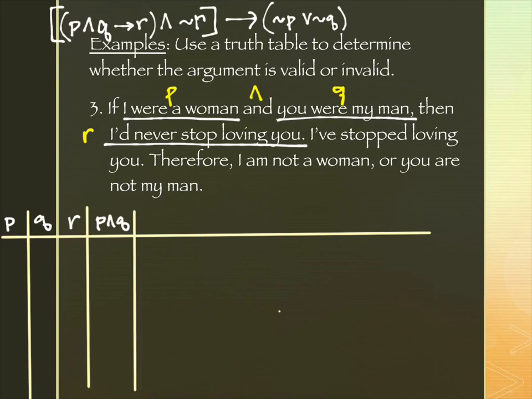P and Q implies R. Then what? Tilde R. That's the next part. Then what? You guys are doing good.